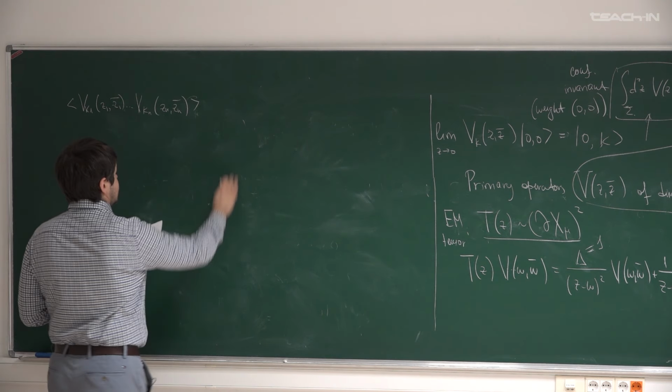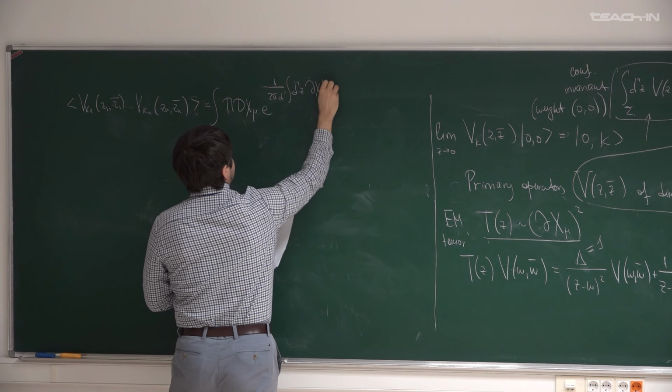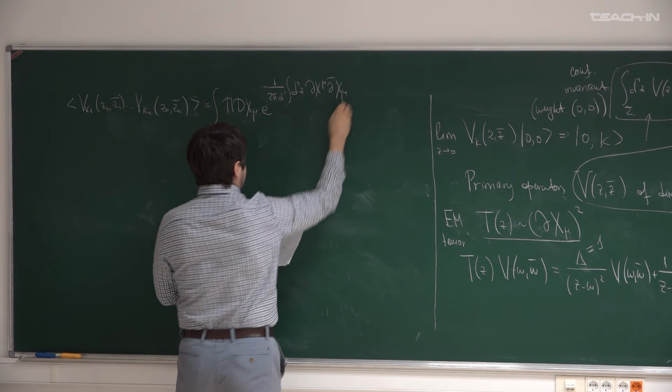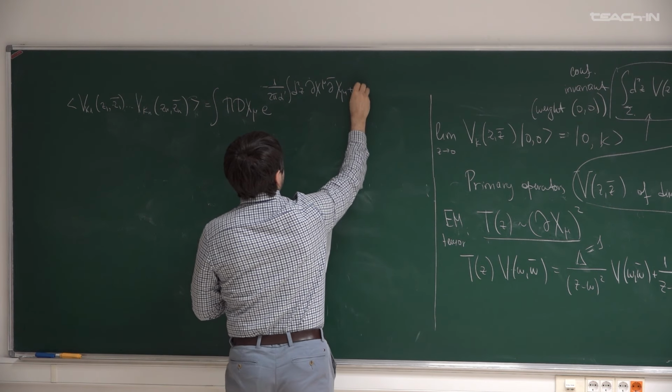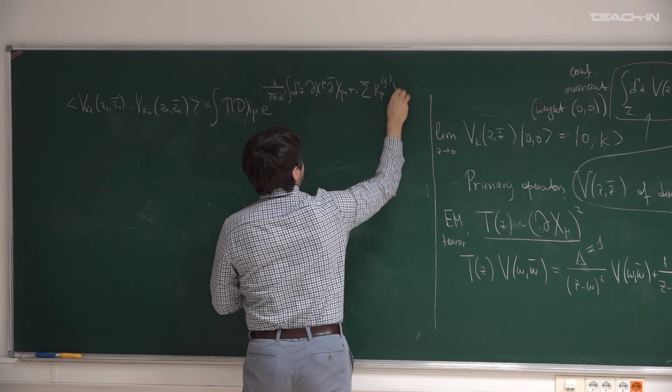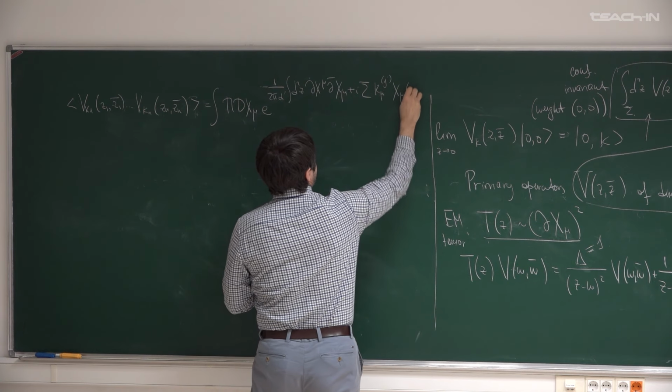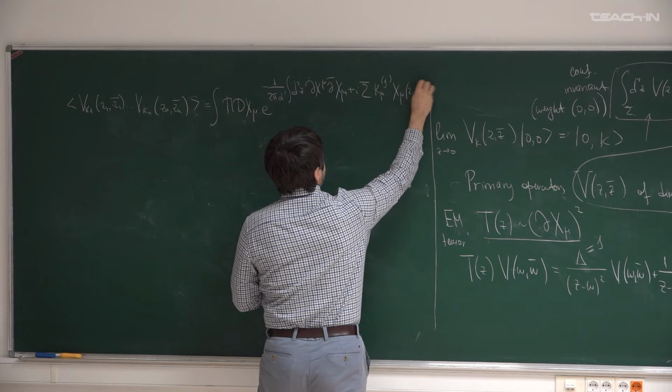This is given by a path integral, e to the minus 1 over pi alpha prime integral d squared z dx mu d bar x mu, plus i sum over j of k j mu x mu at z j, z j bar.